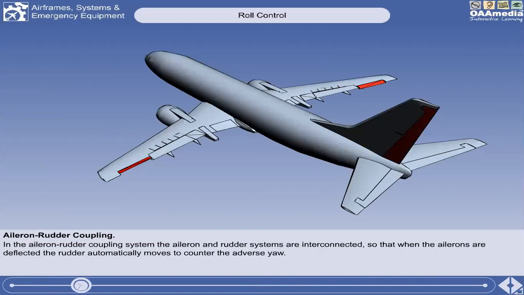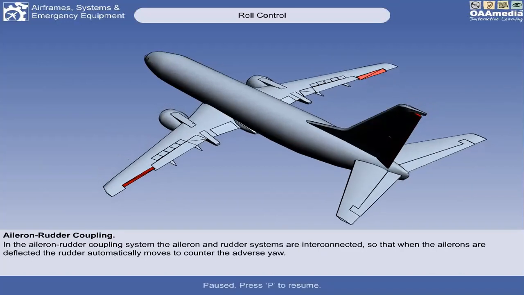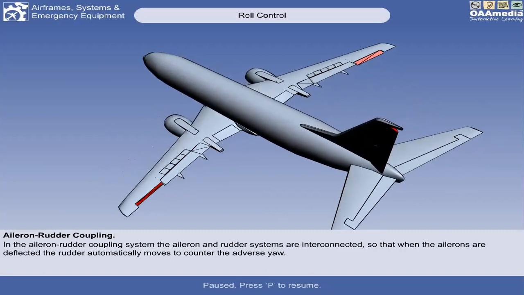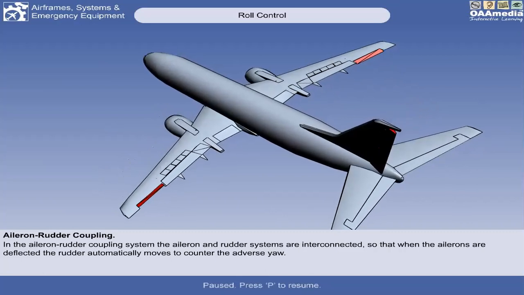In the aileron-rudder coupling system, the aileron and rudder systems are interconnected. Okay, so this is the third one, or the third method on how to control or counteract adverse yaw. Okay, next is the aileron-rudder coupling. So they are interconnected. Yung aileron and rudder systems natin are interconnected to each other. So that kapag di ba kapag sa flight simulators, sa mga app or sa computers man yan, di ba?